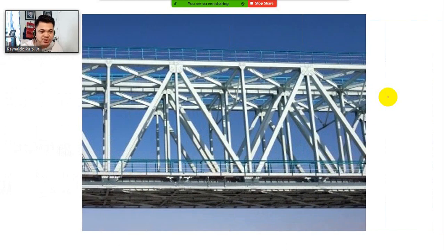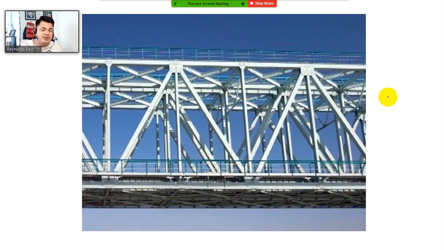Let's try to observe this bridge before we proceed. As we can see, there are shapes present here. The dominant shape is a triangle. We have congruent triangles in this specific bridge.